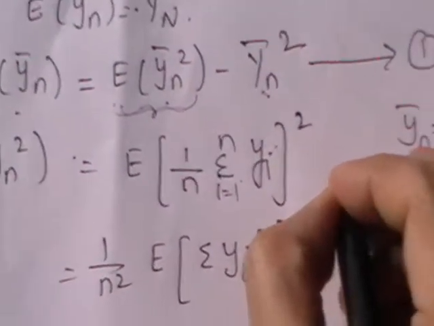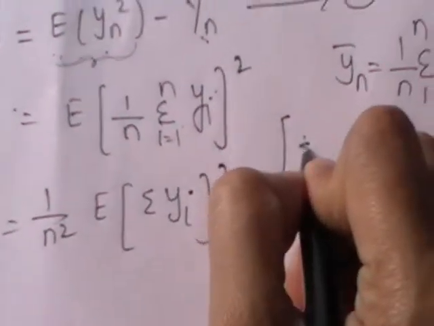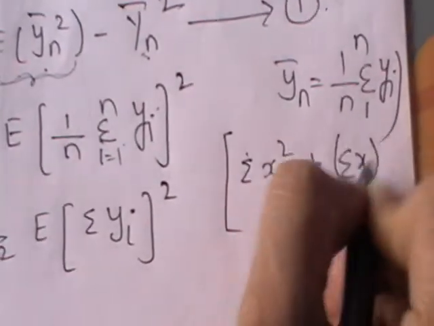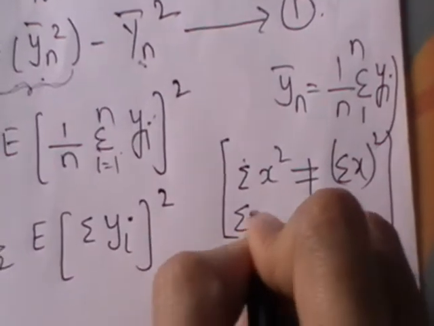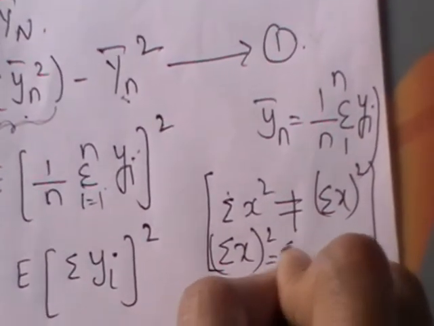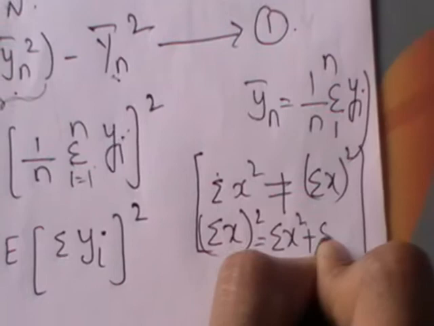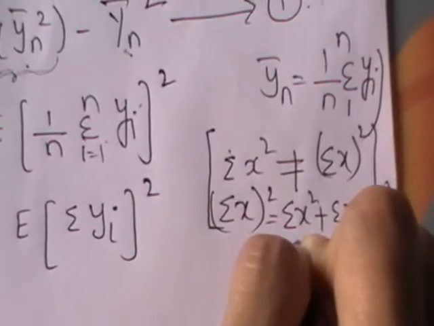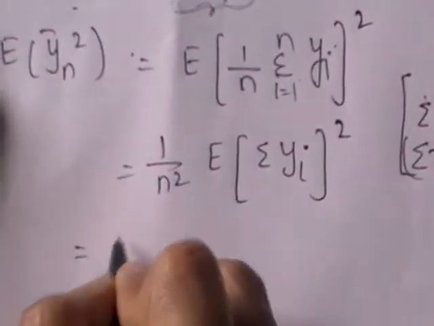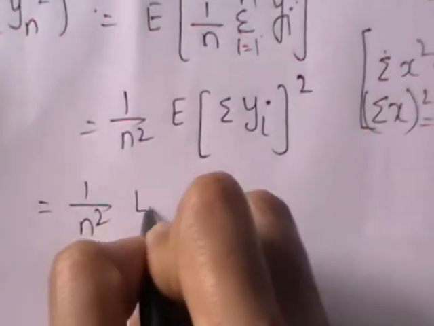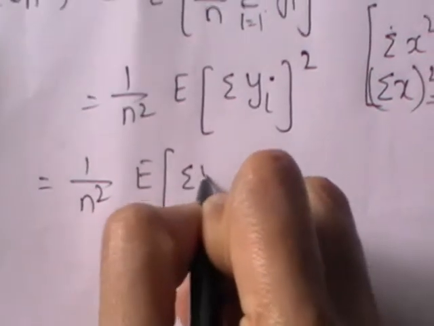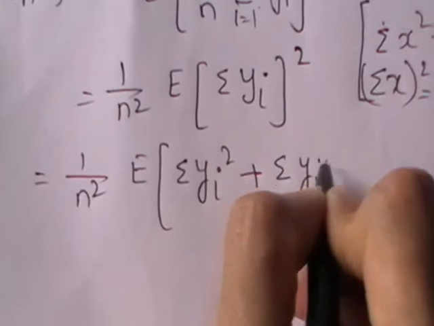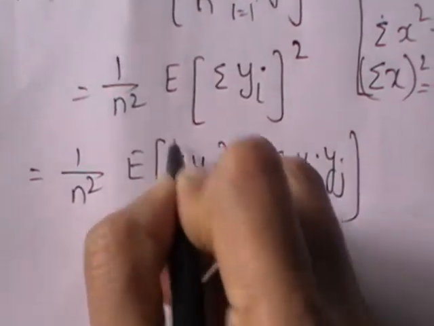In the previous theorem also we saw that sigma x square is different from sigma x whole square, and that sigma x whole square is nothing but product terms and square terms. We are using the same result. So 1 by n square expectation of sigma yi square plus sigma yi yj, all these are small letters.